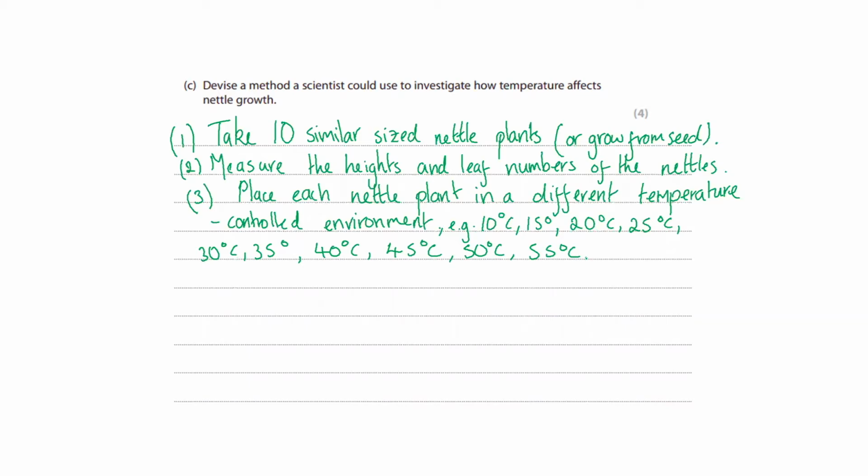So controlled environment. So we need to keep some things the same. So control the amount of light with lamps. So we keep that the same. And water the plants with the same volume of water.